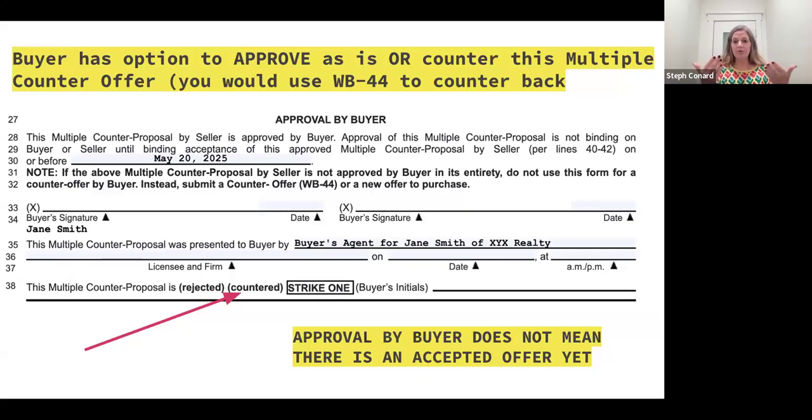And it's only binding if they send one accepted multiple counter back by this May 20th date. So, buyers, you've got to get us back this approved multiple counter by May 19th. Now I've got a whole day to figure out who I want to go with. I'm going to pick number 2, accept that one, and send it back. And now that's a full-fledged accepted offer.